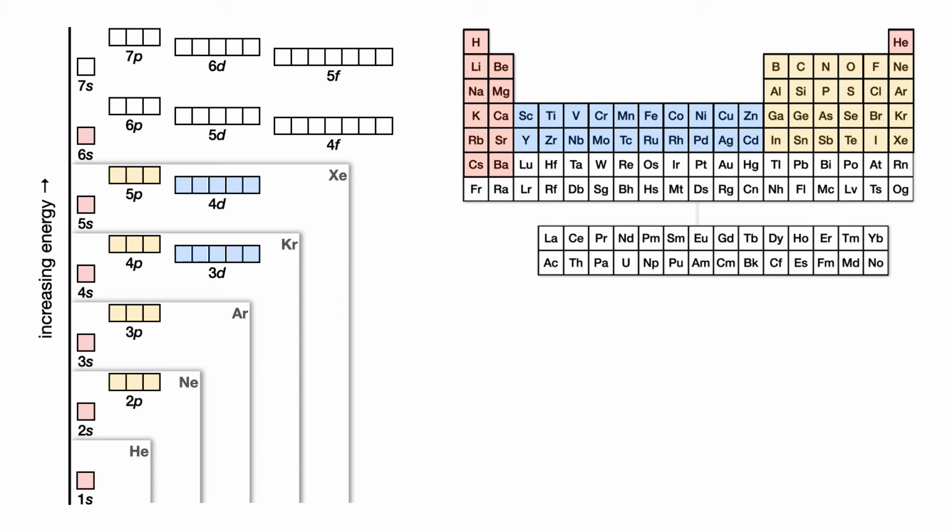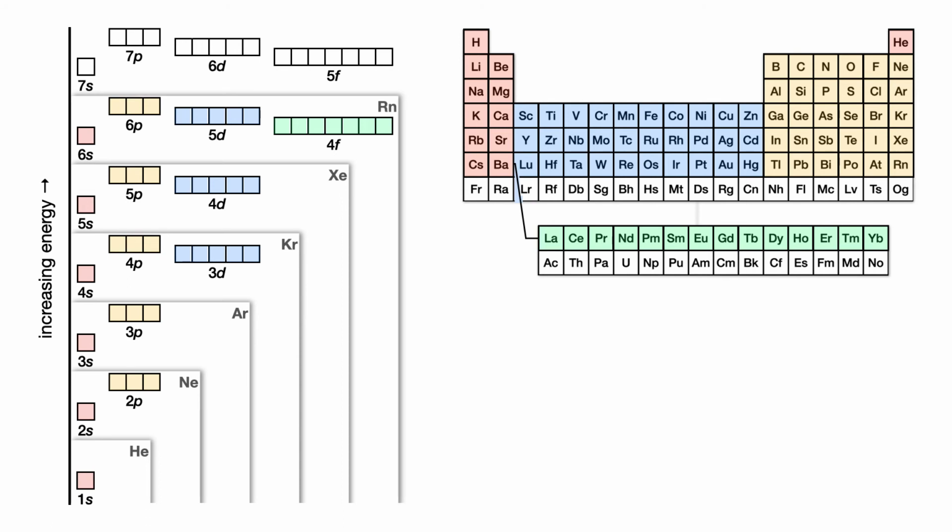After 6s, the periodic table sort of takes a little detour, and the next sublevel to fill in is actually 4f. And so you get 14 electrons going into the 4f sublevel, followed by the 5d, and then the 6p. At that point, we get to radon, which closes off the 6th energy level.